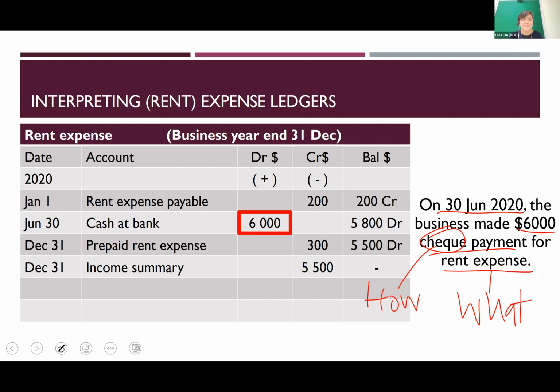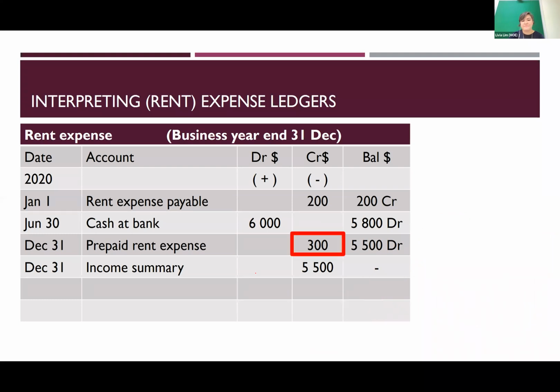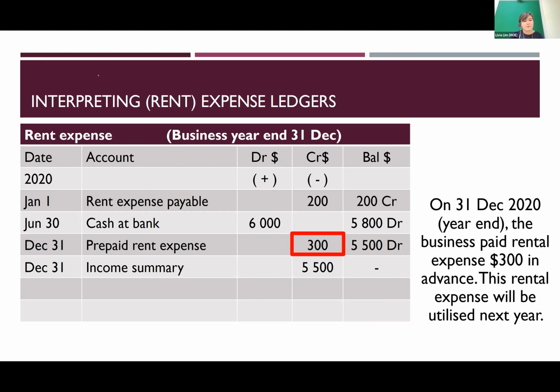Now, in a rent expense account, you also may see an entry on 31st of December, prepaid rent expense. So for this $300 over here, the other account affected will be prepaid rent expense, and you might see that. So how can I describe this? I would say on 31st December, which is the year end, the business paid a rental expense.